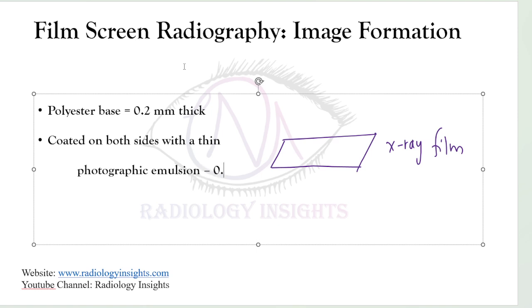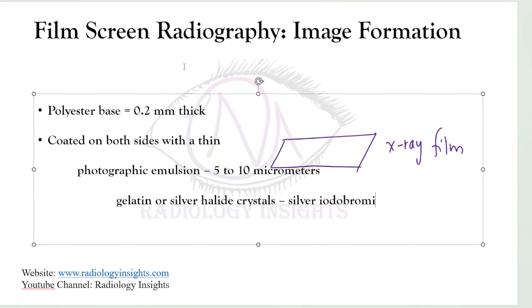This photographic emulsion is around 5 to 10 micrometers thick. The emulsion consists of a suspension in gelatin of silver halide crystals, which are generally silver iodobromide crystals with almost 90% bromide and 10% iodide.